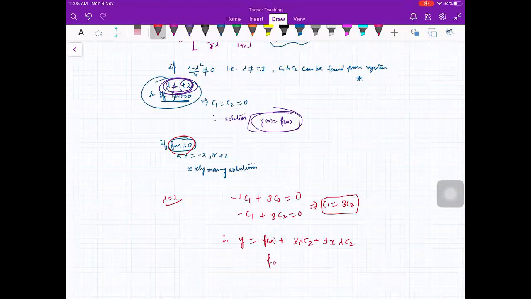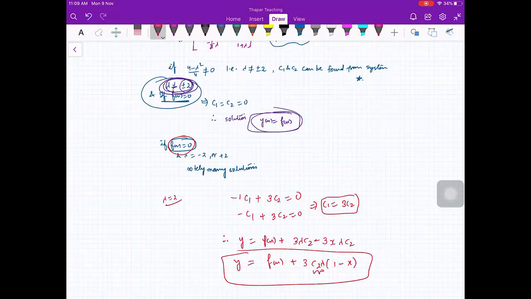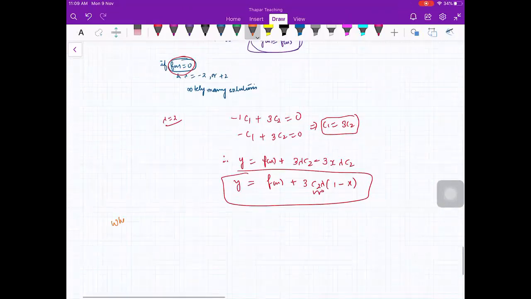So your solution is f of x plus 3 C2 lambda times 1 minus x, where C2 can take any value. So these are the infinite solutions. Got it? Clear to everyone? Yes, ma'am. Similarly, you can discuss other cases also, when f of x is non-zero.